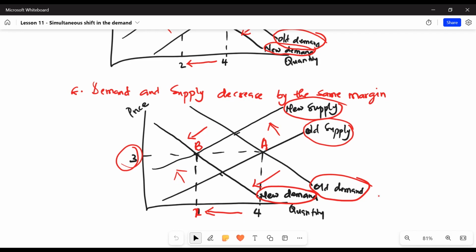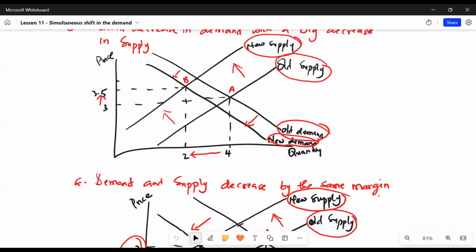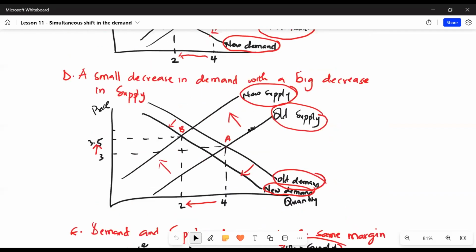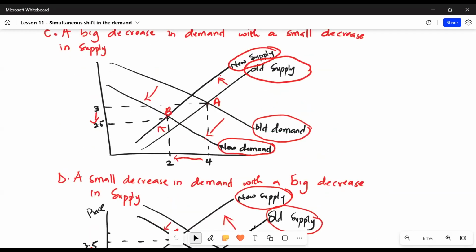So what we have here is that prices can increase, decrease, or remain the same when there's a decrease in both demand and supply. Whether it increases, decreases, or remains the same depends on the margin of shift. If the demand curve decreases more than the supply curve, then prices are going to reduce and quantity is also going to reduce.